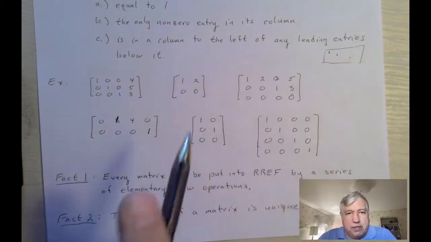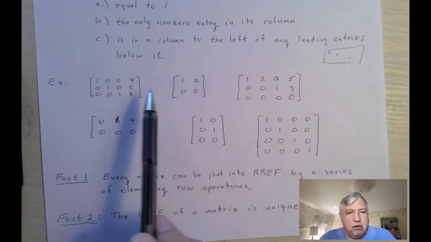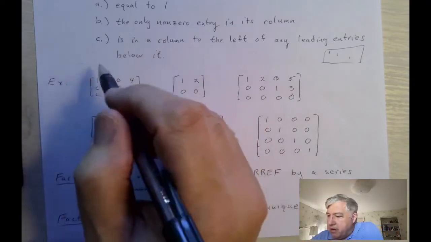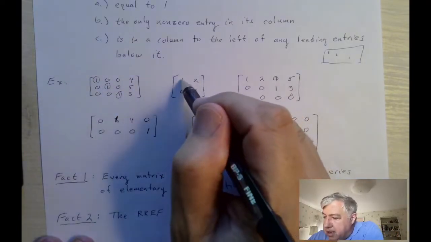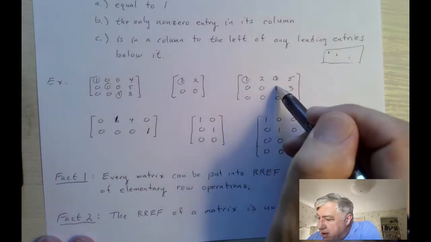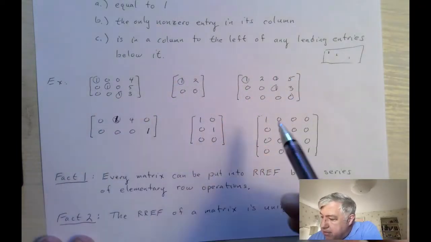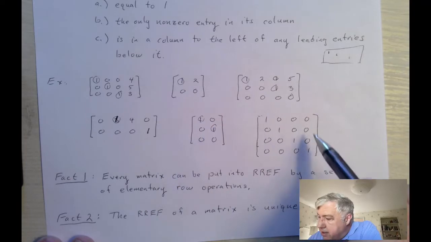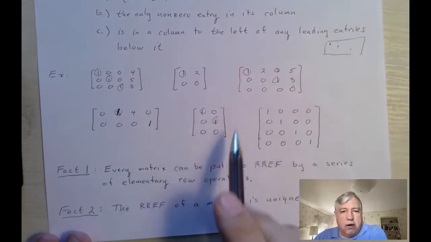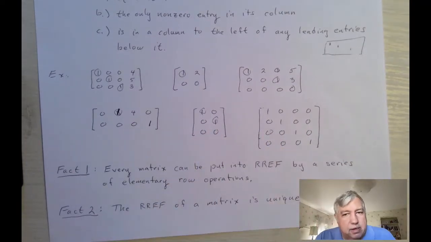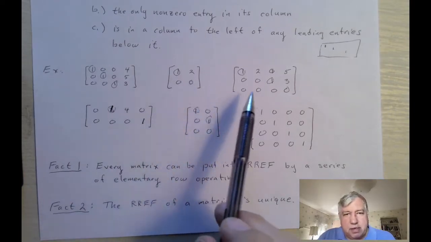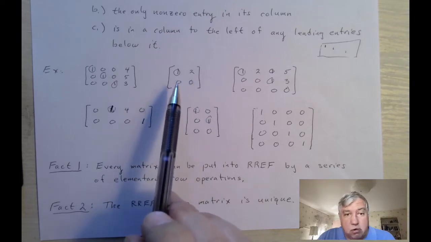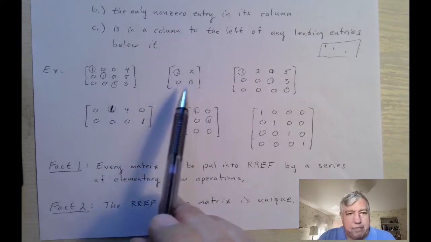So we can see these are all examples of reduced row echelon form, because the leading entry in every non-zero row of each matrix is a 1, right? And these ones are the only non-zero elements in their columns, right? Okay, and of course sometimes if there are any zero rows, they have to be at the bottom.